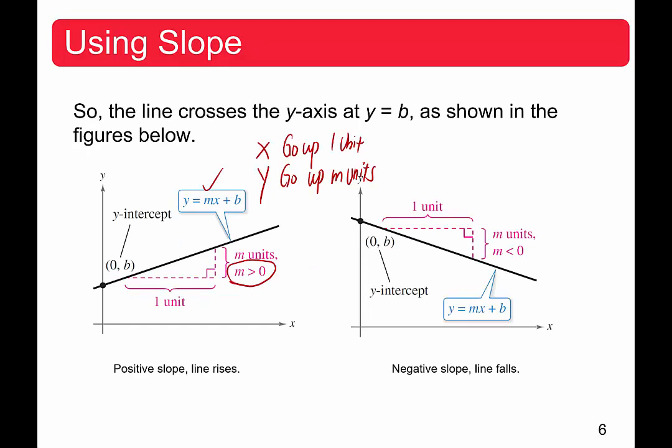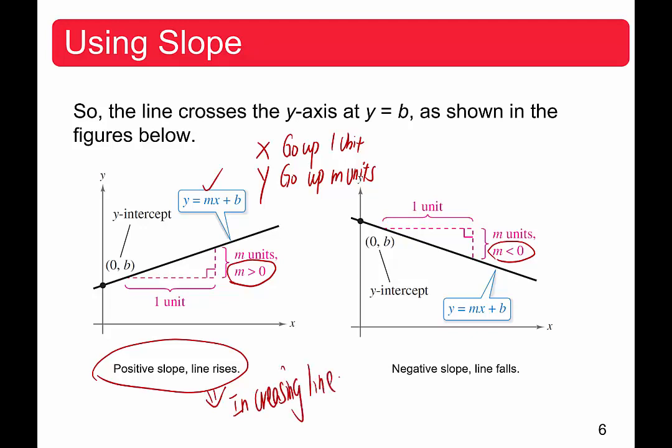And when the slope is negative, meaning it's a decreasing line, whereas this is an increasing line, going right means increasing. When the slope is negative, that is a decreasing line, so we end up with a decreasing line.